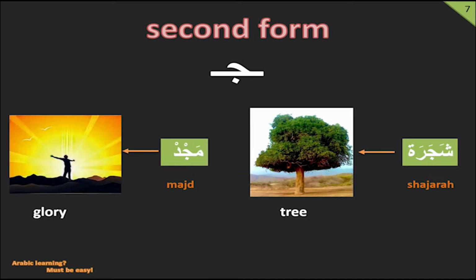On the next slide, we also have two examples, but for the second form of the letter Jim, namely Shajara. Shajara means tree. The tree would be Ash-Shajara. So fatha on Shin, also on Jim, and also on Ra.